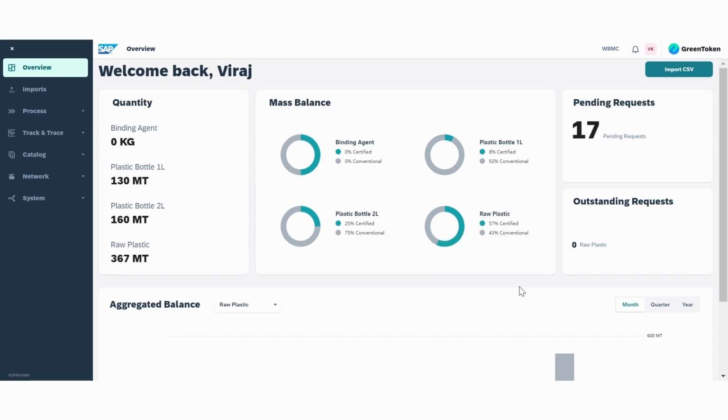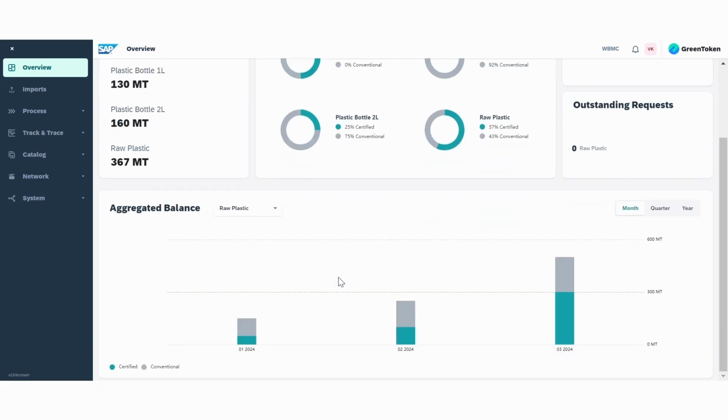We can also have energy-related scenarios, such as clean energy being the sustainable side and the regular energy from fossil fuels being the conventional kind. So let's go into the details.